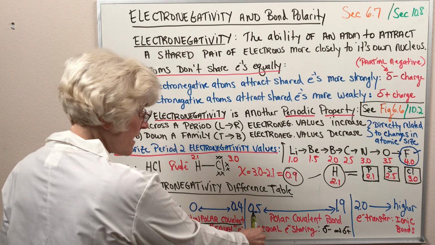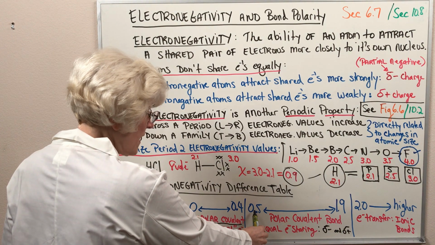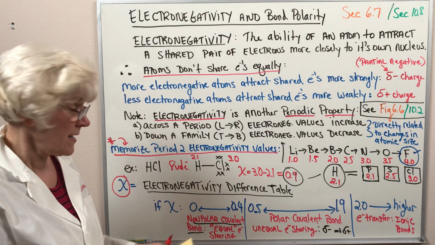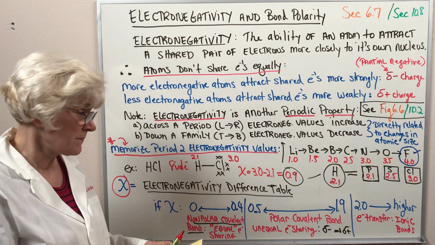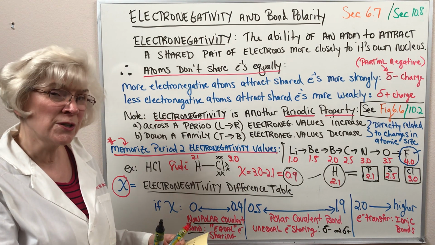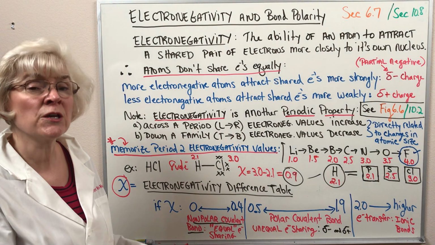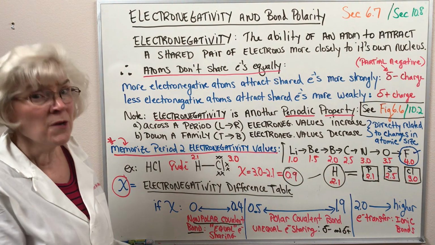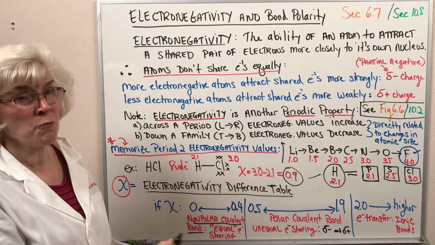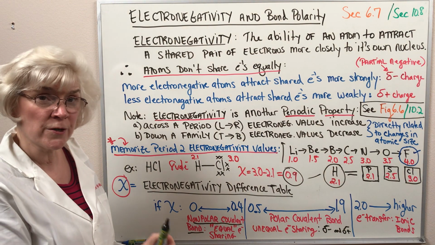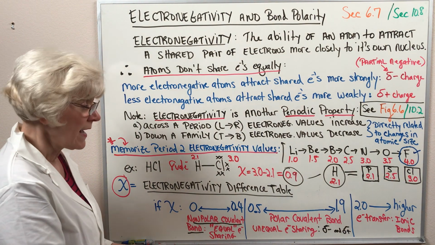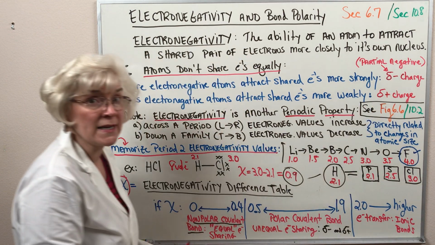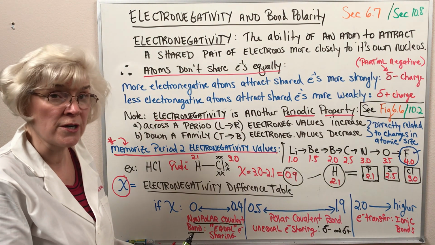If the difference in electronegativity falls in the range of 0.5 to 1.9, now what we're saying is these atoms really do differ significantly in their ability to attract electrons to their nucleus. One of these atoms is really kind of winning in this tug of war for electron density, and that atom probably should be indicated as having a partial negative charge.